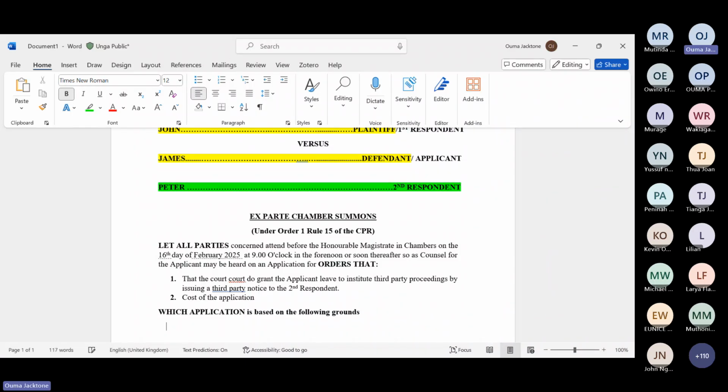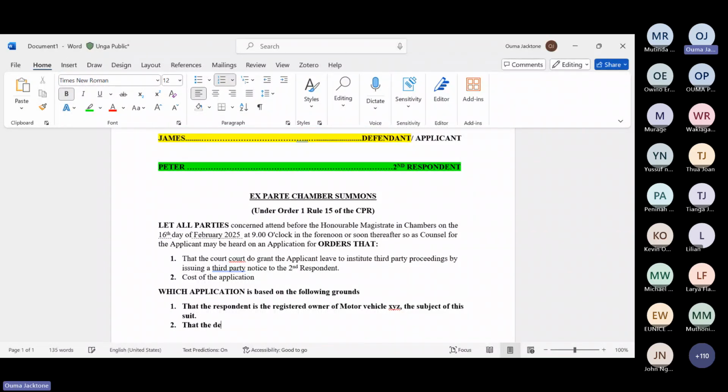Okay, ground one: that the respondent, for instance, assuming it is a motor vehicle accident, that the respondent is the registered owner of motor vehicle, let's say XYZ, the subject of this suit.